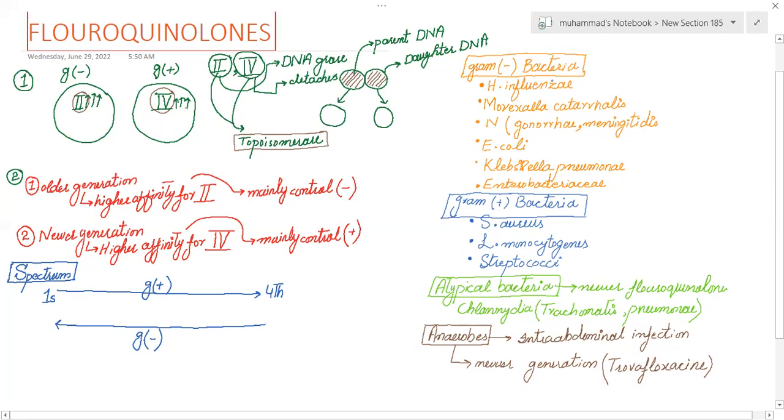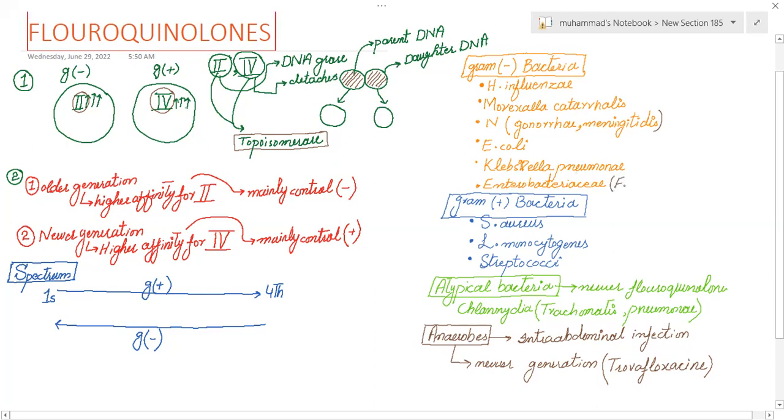Okay, the bacteria which are controlled by fluoroquinolones are H. influenzae, Moraxella catarrhalis, Neisseria gonorrhoeae and Neisseria meningitidis, E. coli, Klebsiella pneumoniae, and the Enterobacteriaceae family.